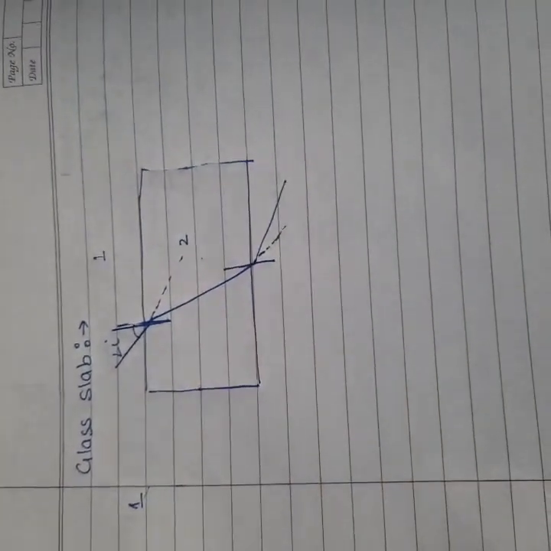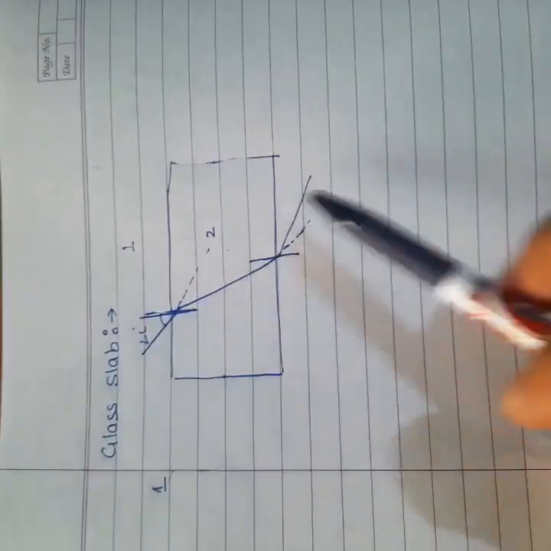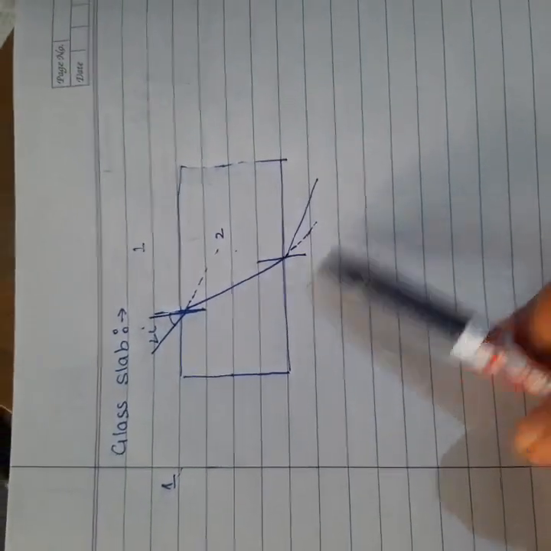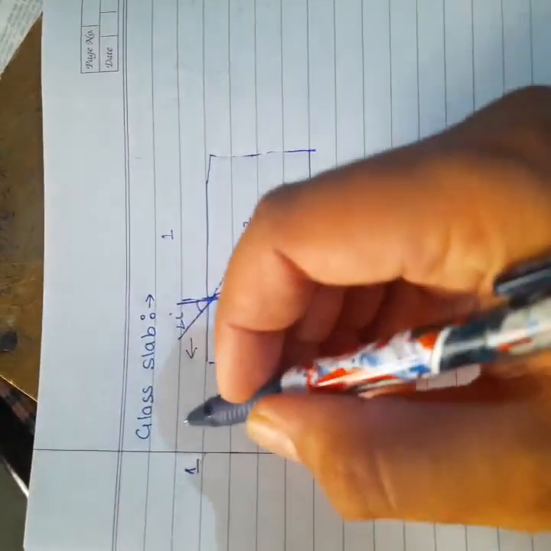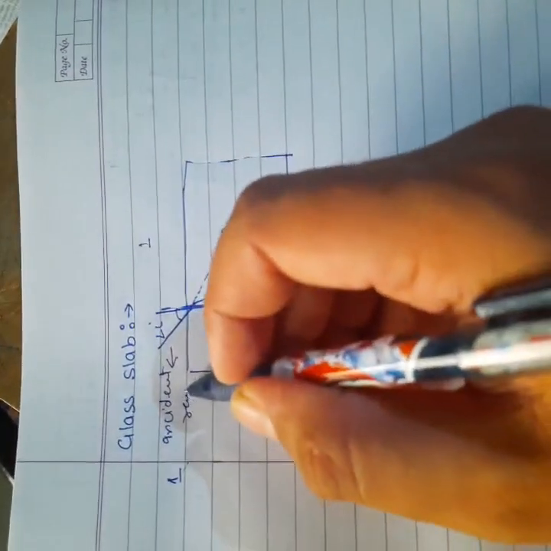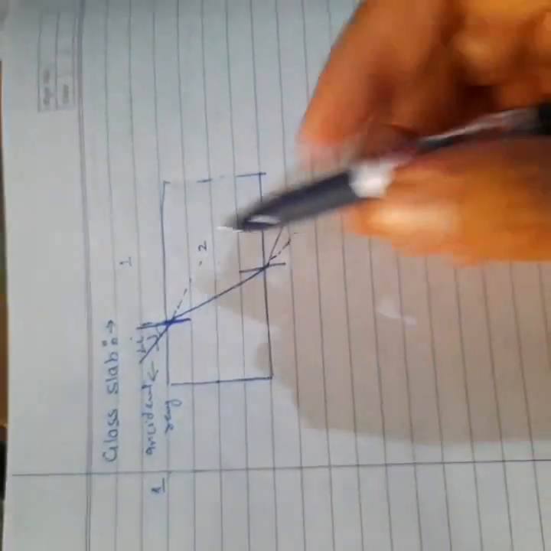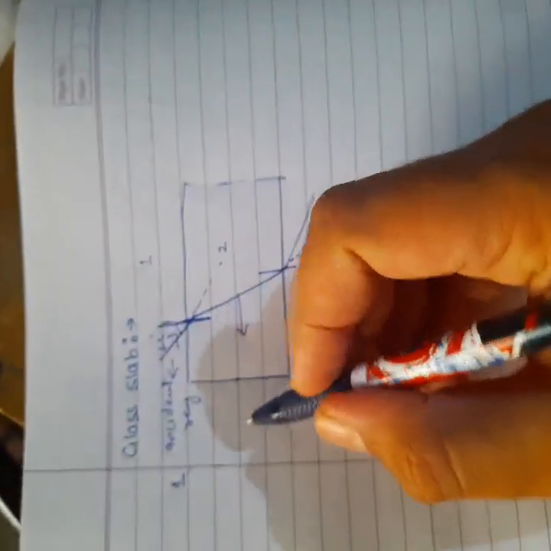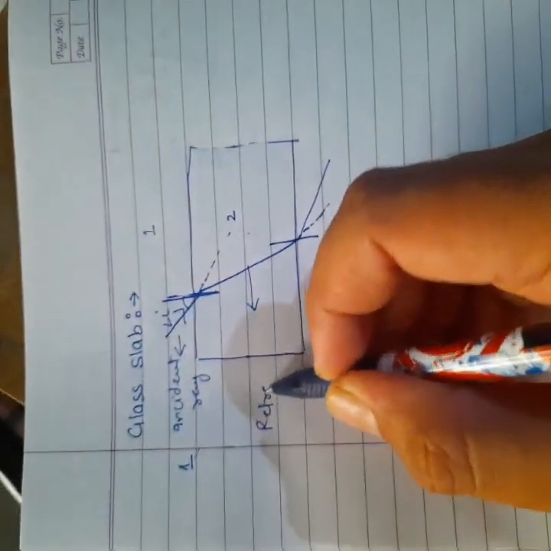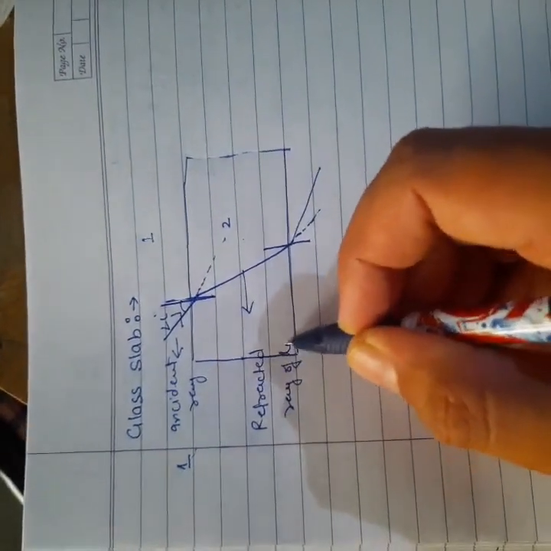So simply you can see here two processes, rarer to denser and denser to rarer. In this case, listen students, we call this light the incident ray, with its direction downside. This is the refracted ray of light.